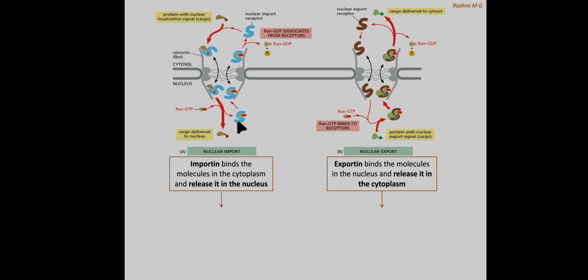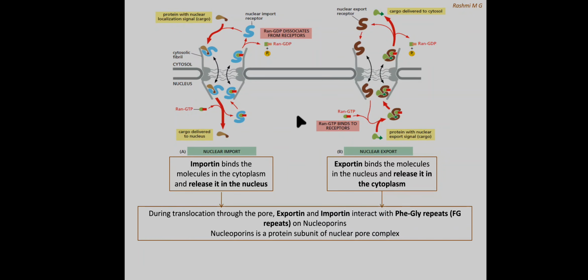Importin binds with the molecules in the cytoplasm and releases them into the nucleus. Exportin binds to the molecule in the nucleus and releases it into the cytoplasm.